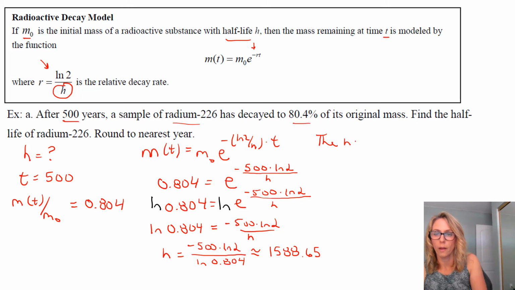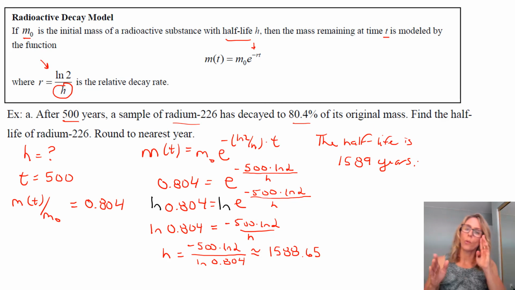So the half-life is 1589 years. What that means is that it will take almost 1600 years to get from the amount it started with to half that. That's what we have found with all this: the half-life, how long it takes to be half of whatever it started as.